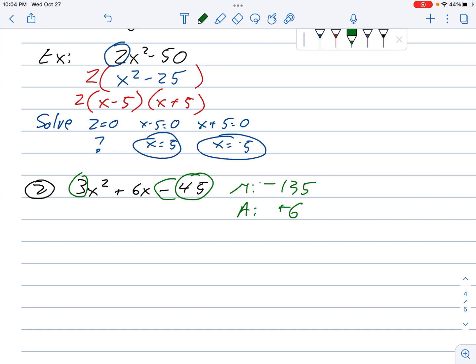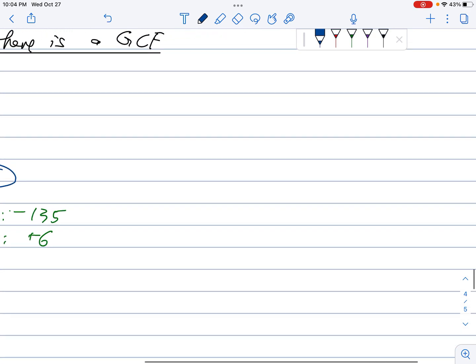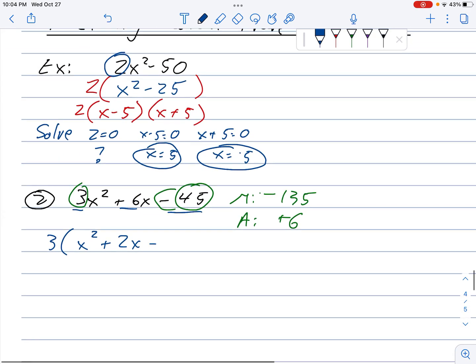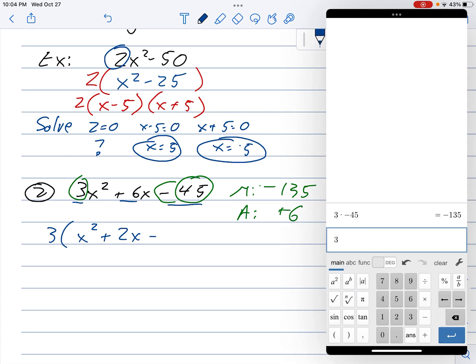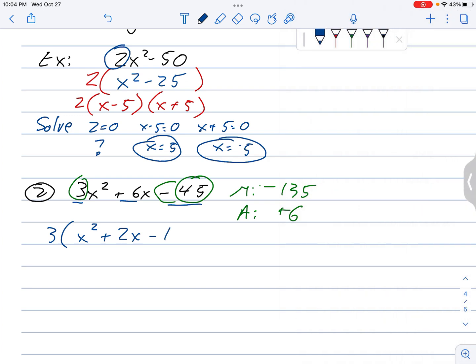But a slightly easier way would be to say, well, there's a 3 and a 6 and a 45. 3 does go into 45. So if I take out a 3, I'm left with x squared plus 2x minus, and 45 divided by 3 is 15.